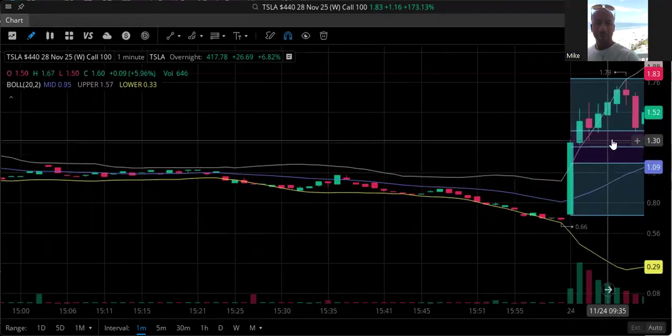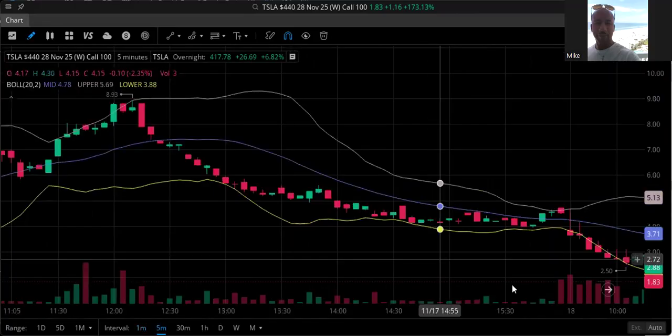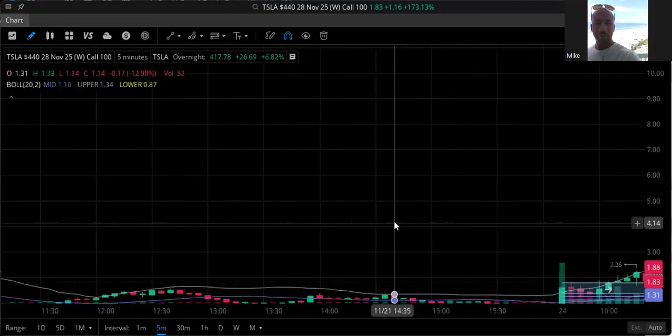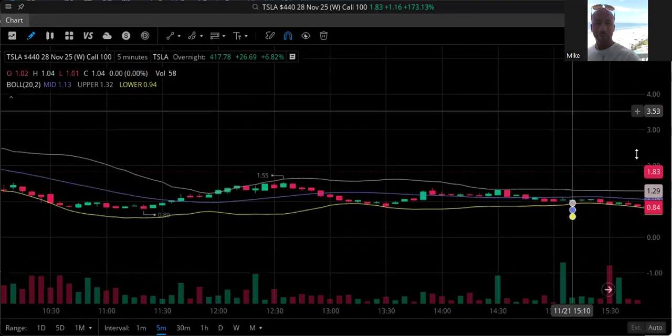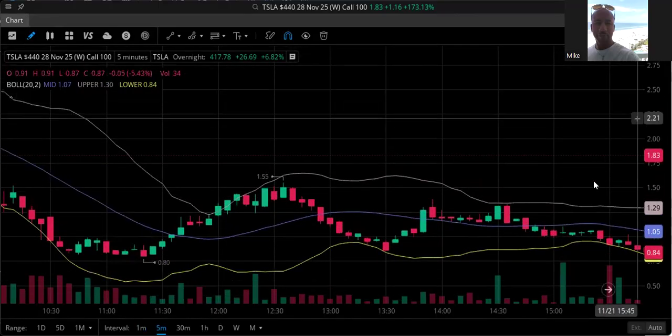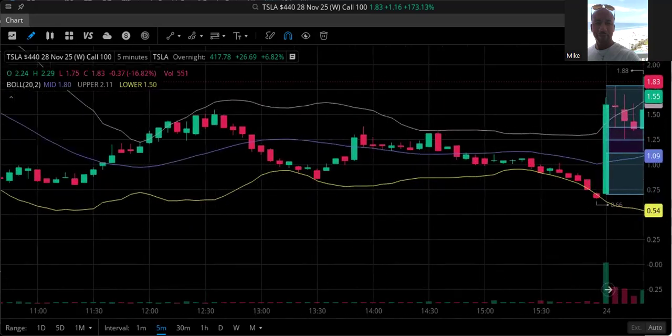So I added the Fibonacci once I got into the, first of all, let me change this to a 5 minute. Okay. Bear with me here. Make this a little bit bigger.